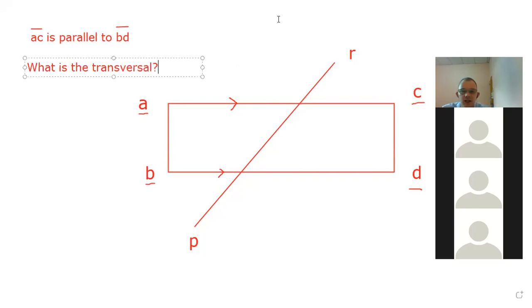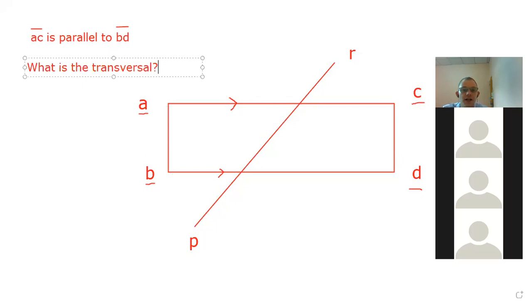What is the transversal? And now everyone is going, oh teacher, I don't know, I can't remember. Let me show you. This one is very easy. It's just something you have to remember.